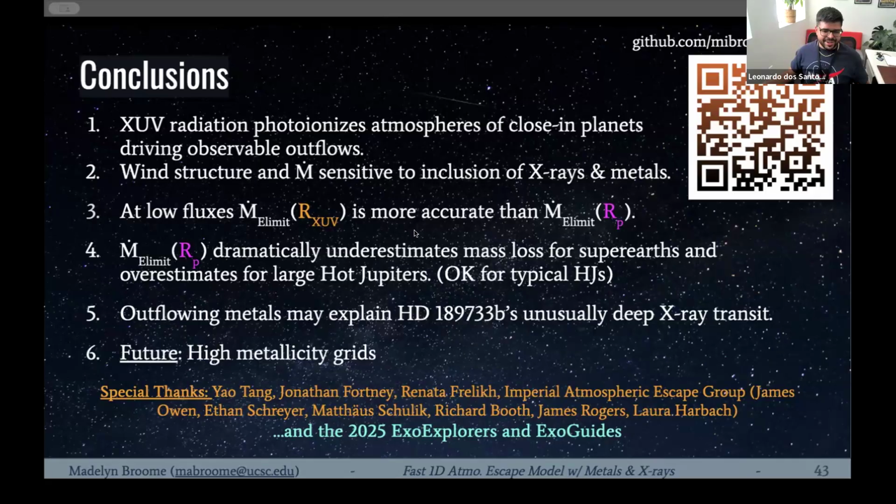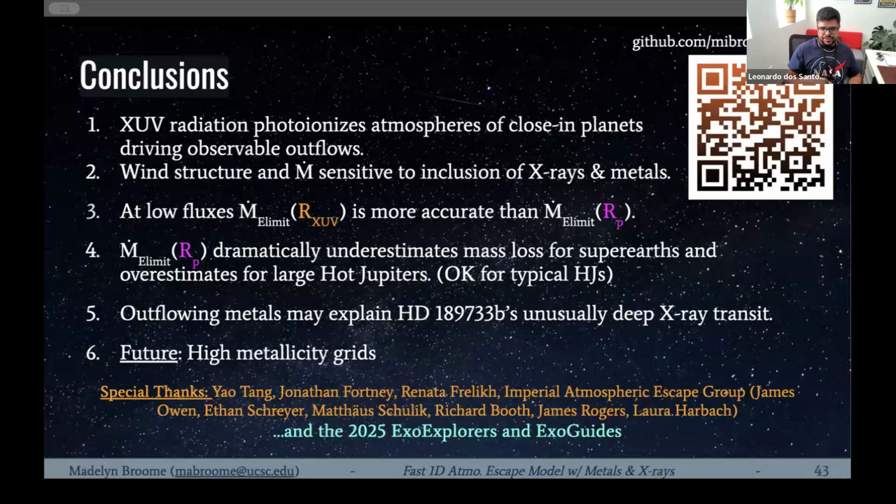Hi, Madelyn. So my question is, I'm an observer and I observe atmospheric escape, and one of the biggest mysteries that we've been dealing with lately is that when we look at single line species like helium, for instance, and we observe them, we have a detection, and we try throwing some models at it.